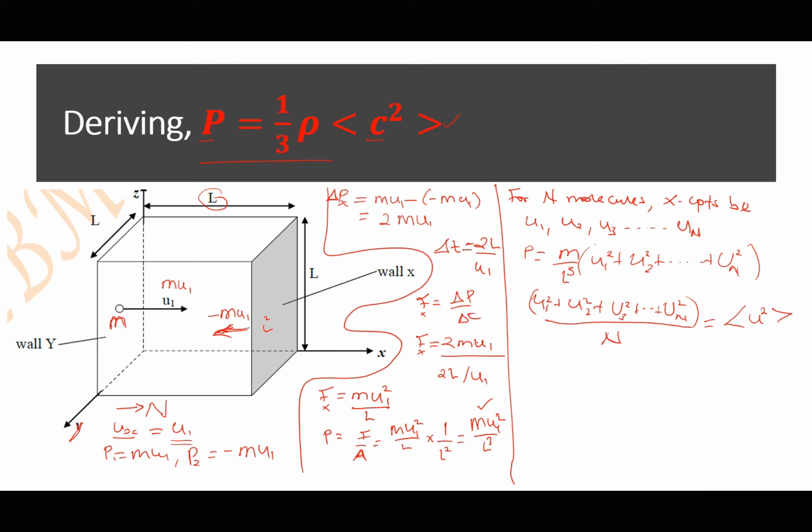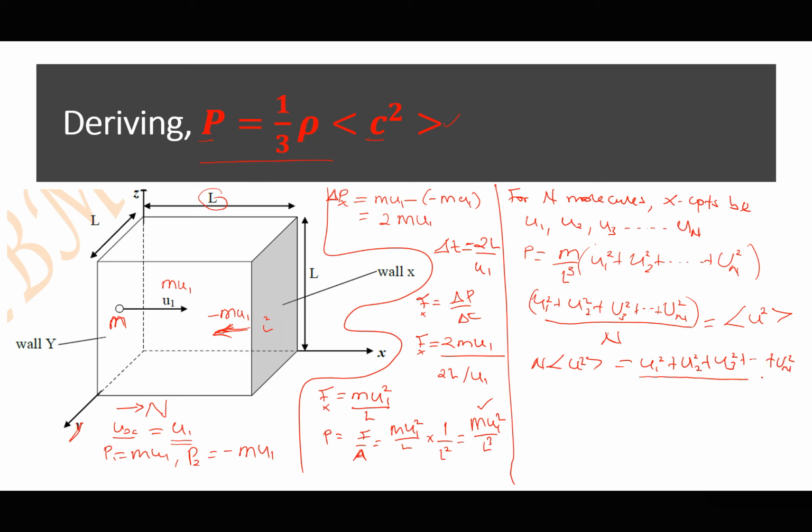And when you simply change this, you notice that n times the mean square speed in the x direction is equal to u1 squared plus u2 squared plus u3 squared plus until you reach un squared.